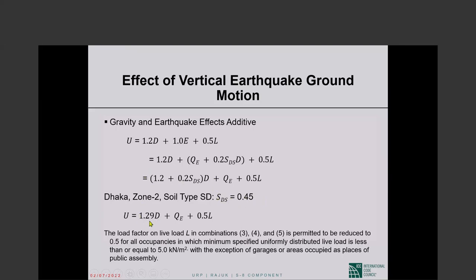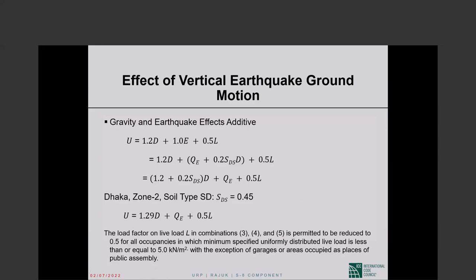So in Dhaka, a structure shall be designed for this load combination.